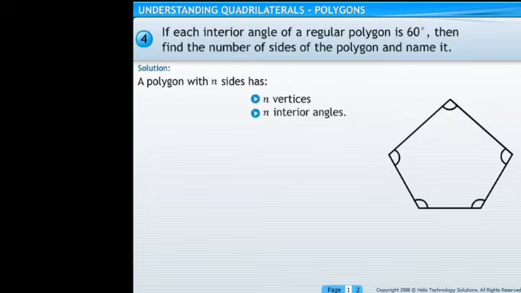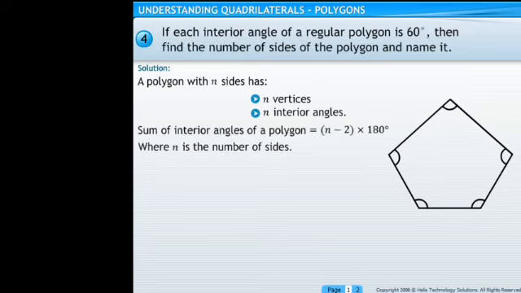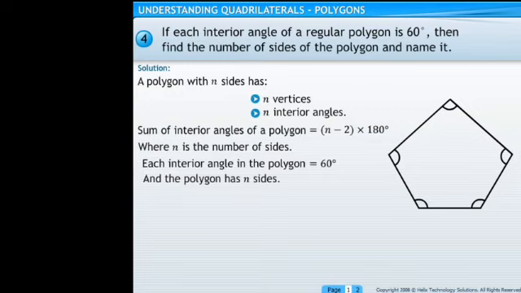To find the number of sides of a polygon, we will use the angle sum formula. The sum of the interior angles of a polygon is given by the formula. A polygon having n sides has n angles. Therefore, the sum of the interior angles of a polygon is n multiplied by 60 degrees.